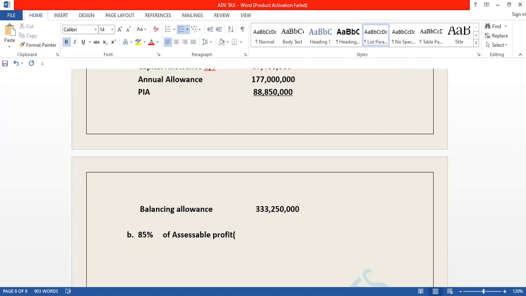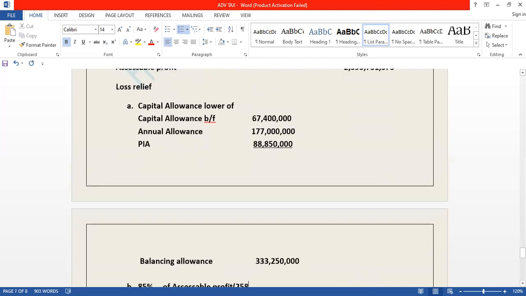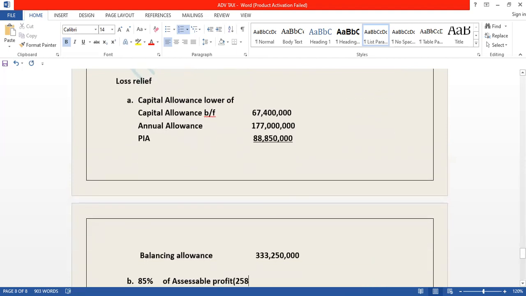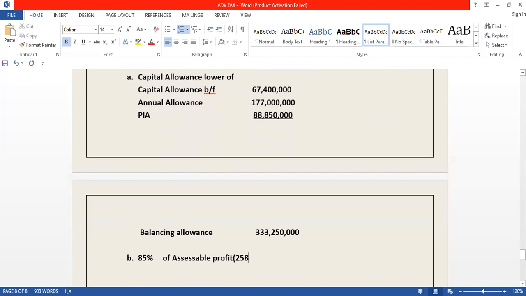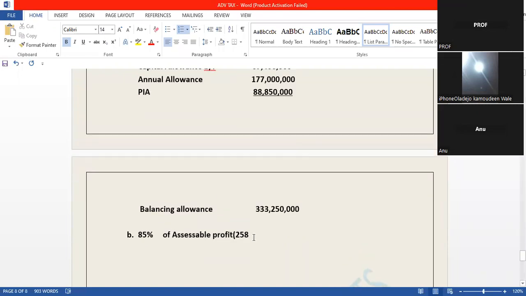Our accessible profit is 259, let me see that figure again.